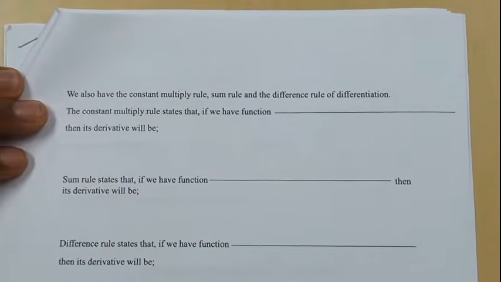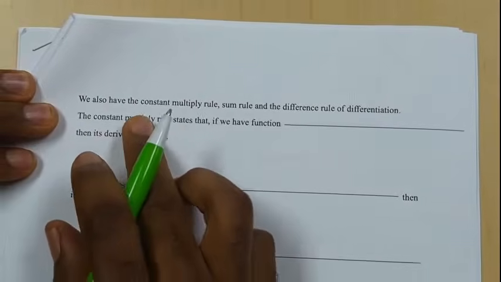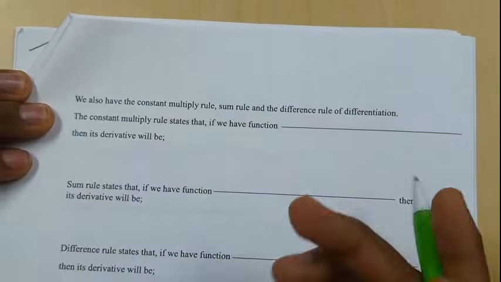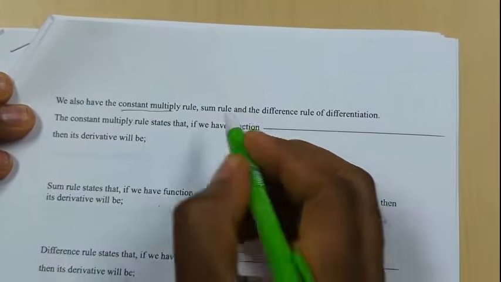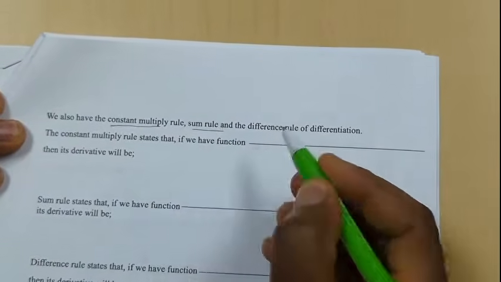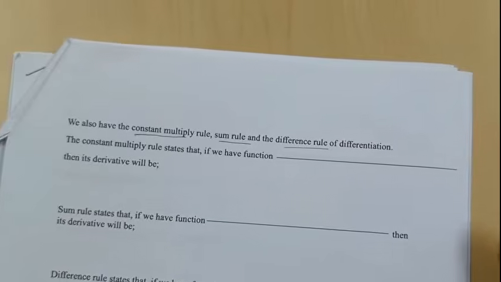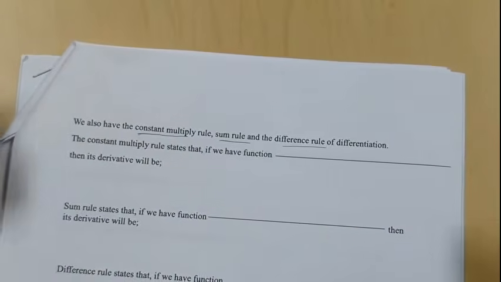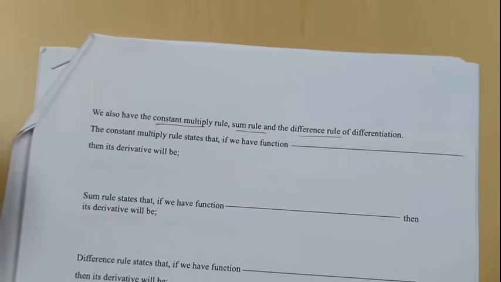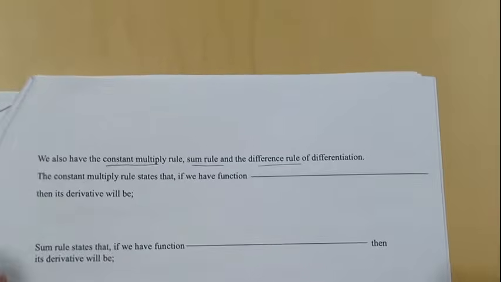So apart from the power rule, we also have a constant multiple rule. We have the sum rule and difference rule of differentiation, and we'll go through that. That will all guide us to be able to find the derivative of any polynomial function.